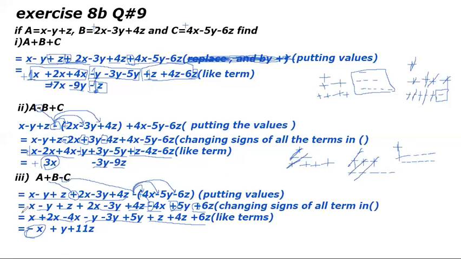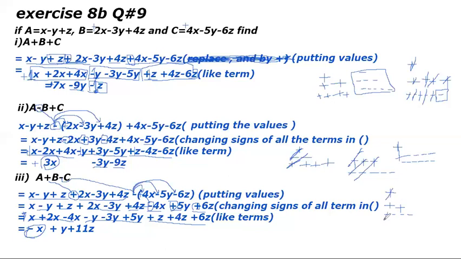Now this is basic knowledge, and you know that x means positive 1x. Positive 1x means positive x 1 time. Positive 2x means positive x 2 times. Negative 4x means negative sign 4 times.